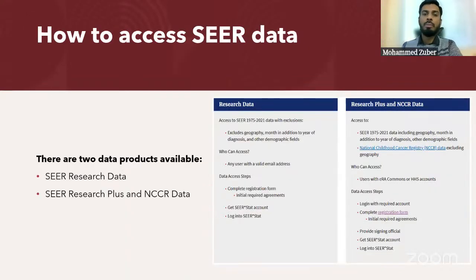Yes. So coming on to how to access the SEER data. As we see now, there are two data products which are available: SEER Research Data and SEER Research Plus data. As researchers, the first product, which is SEER Research Data, is free for any user with a valid email address, whereas the Research Plus data is for someone who has an eRA Commons and HHS account.